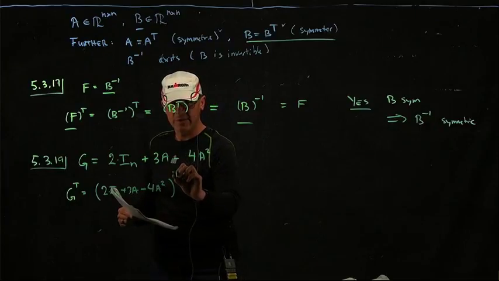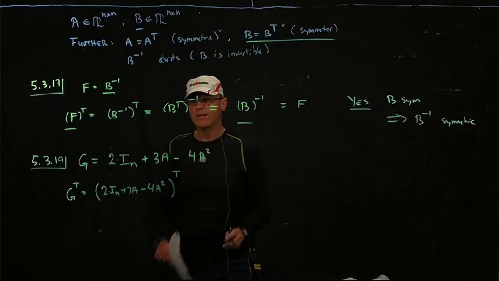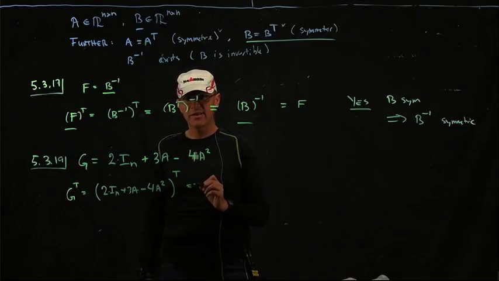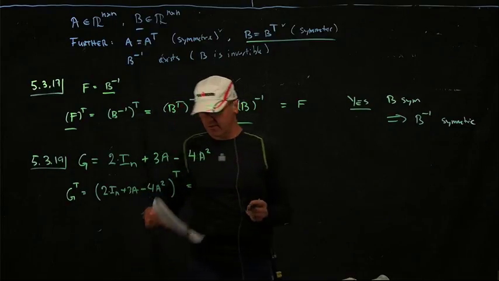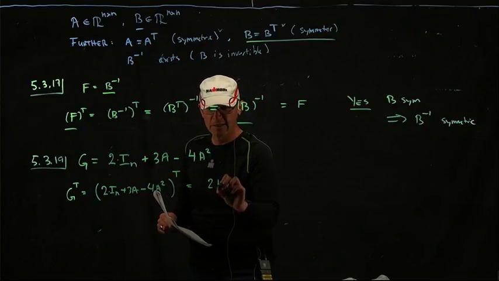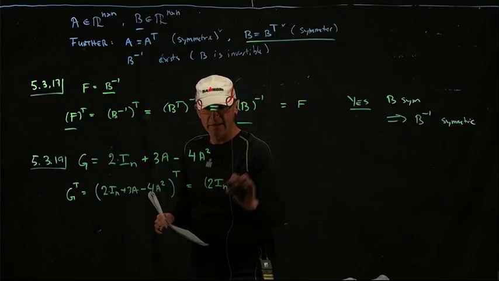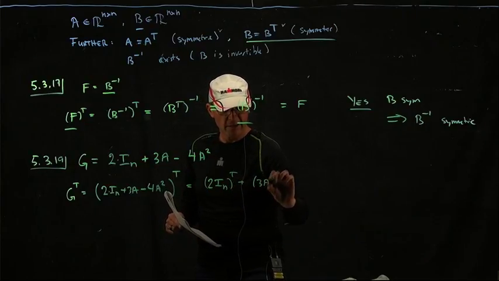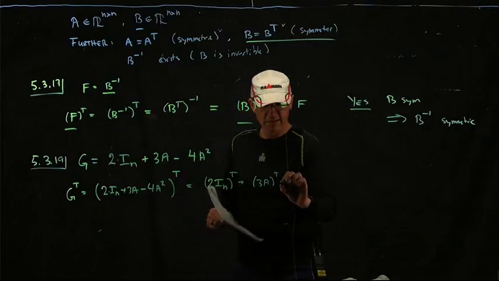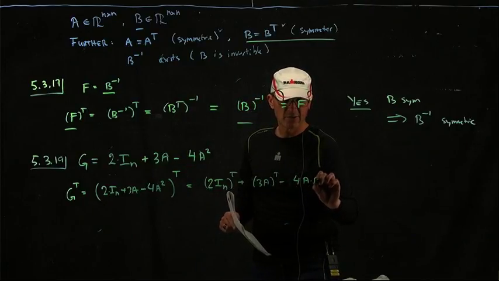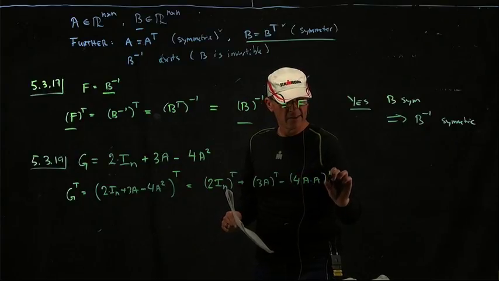And we transpose that. The rule for sums of matrices is that we just take the transposes of the various pieces and add them up. So we have 2 times the identity matrix transposed plus 3A transpose minus 4. And I'm just going to write A squared as A times A, because why not?